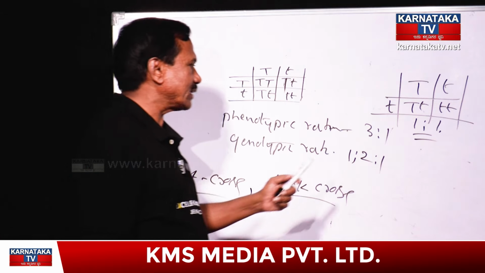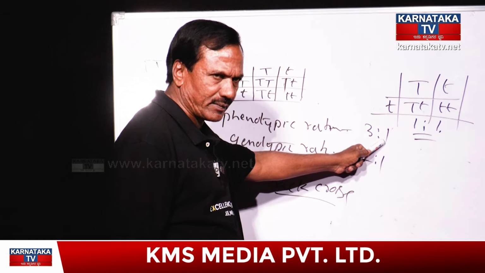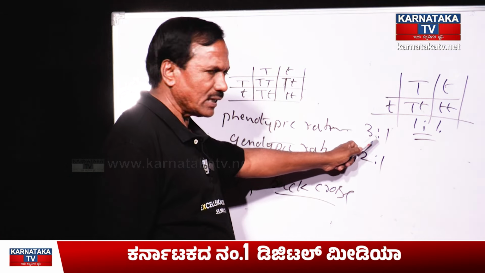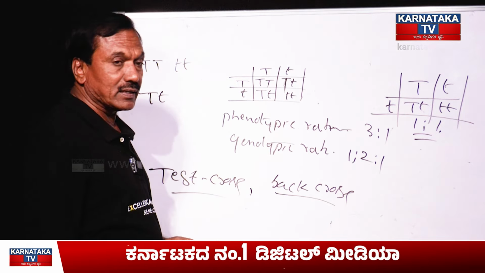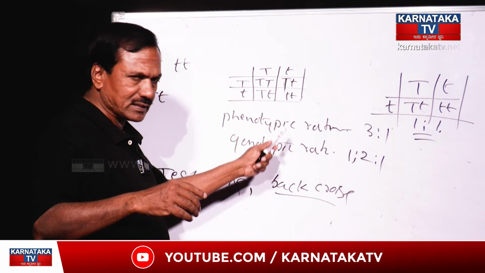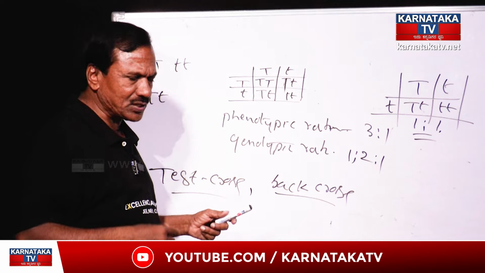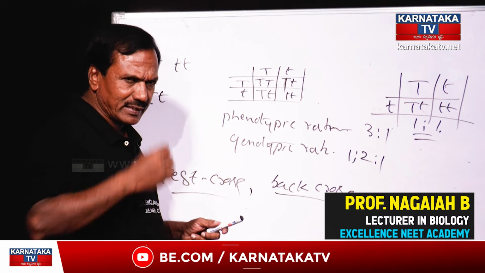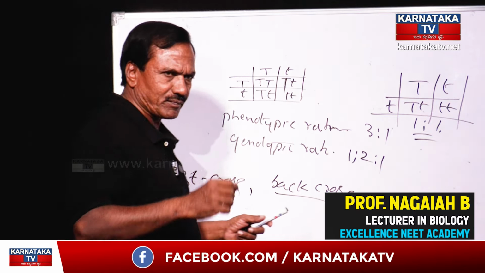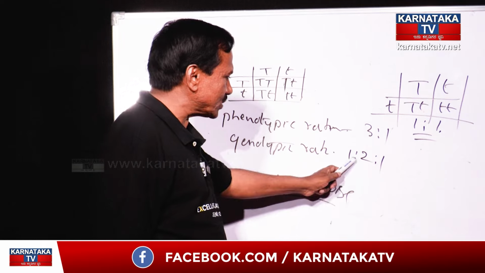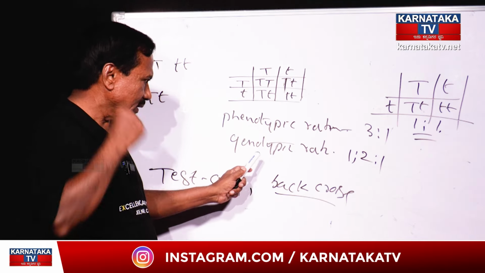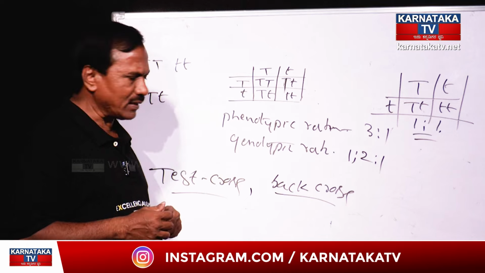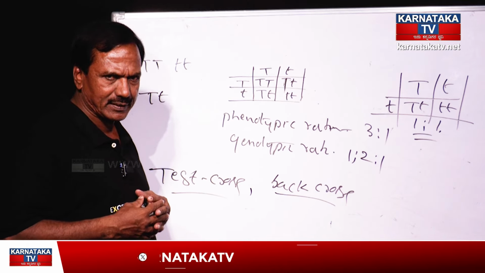Out of that, 3:1 is the phenotypic ratio. The genotypic ratio of the one gene inheritance experiment is, there are 4 answers. 1:2:1 is the genotypic ratio of the monohybrid cross experiment or one gene inheritance experiment.